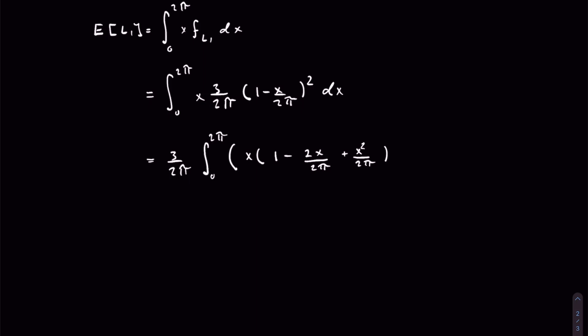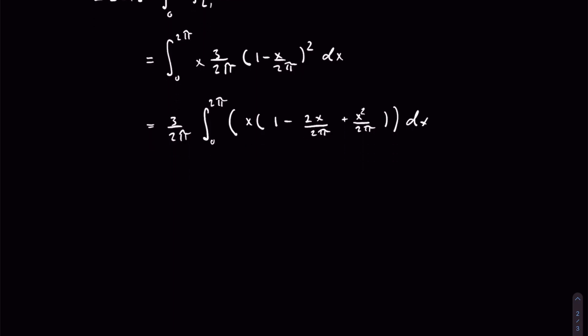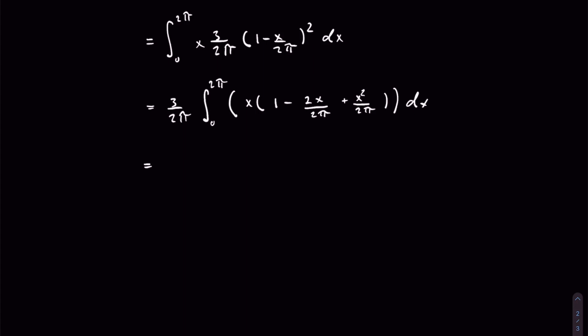Okay, like this. Now we're getting there, slowly and gradually. Now it's all about just expanding the terms. I'm sorry, we'll multiply in the x term here. Okay, so I'm going to just copy this. That's x minus 2x squared over 2 pi.